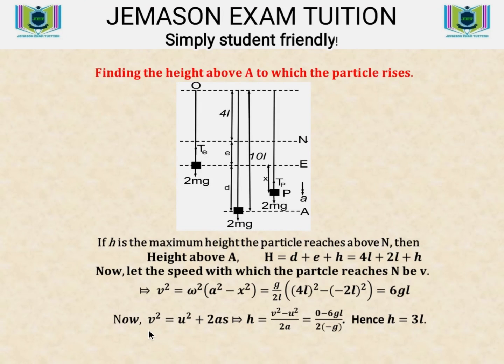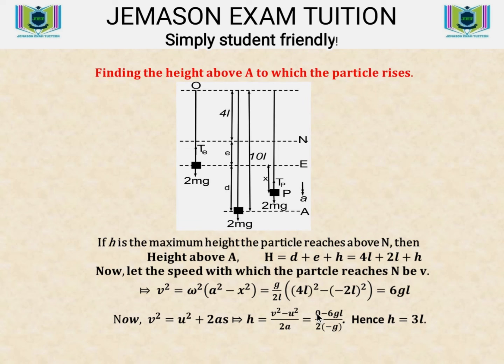And so we can calculate the maximum height reached using v squared equals u squared plus 2as, and the s now is the maximum height h. If we make it the subject, we have that v squared minus u squared all over 2a would give that maximum height. Now at maximum height, the velocity or the speed of the particle is 0.